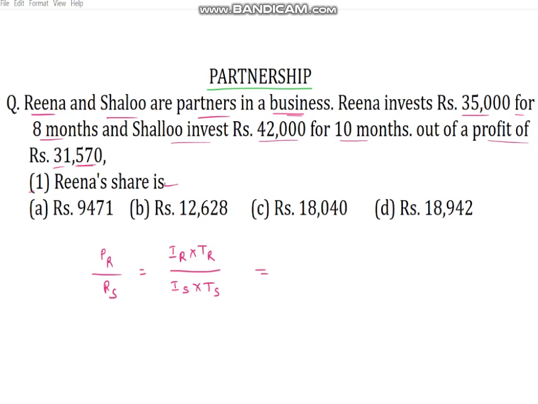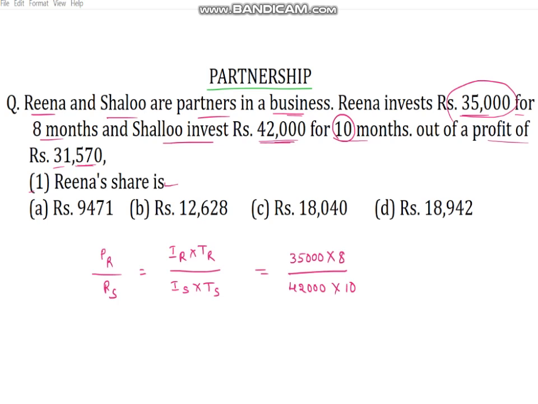So, what is the investment of Reena? 35,000 for 8 months. So, 35,000 into 8 months divided by the investment of Shalu, 42,000 for 10 months. So, 42,000 into 10 months.